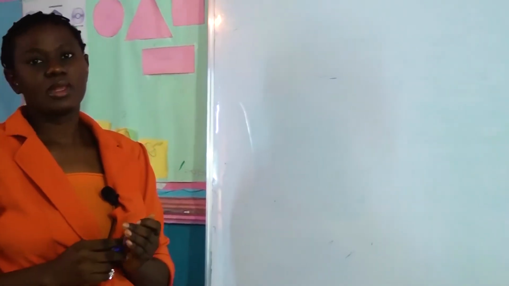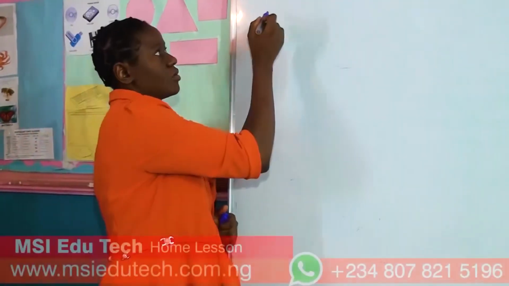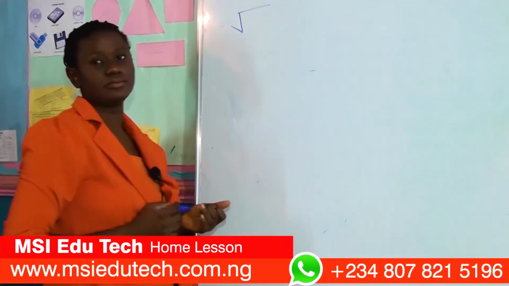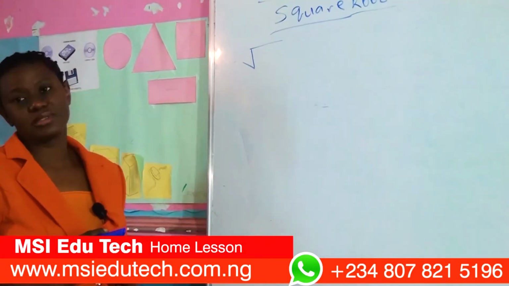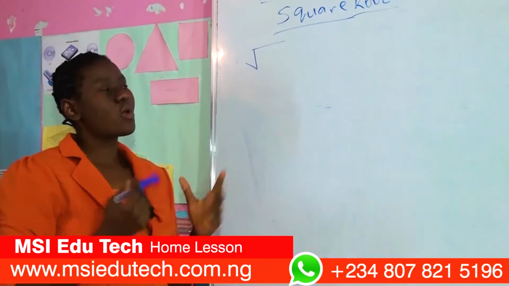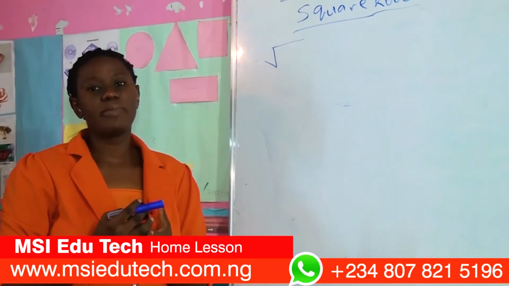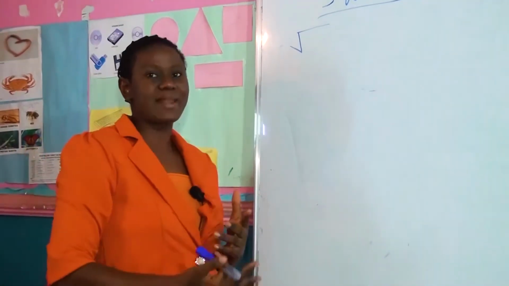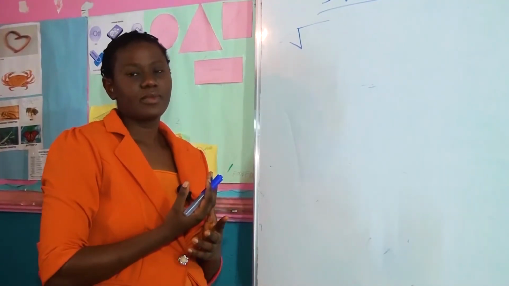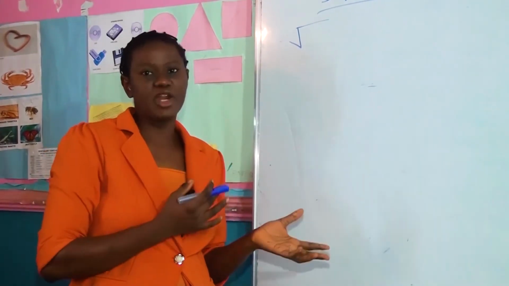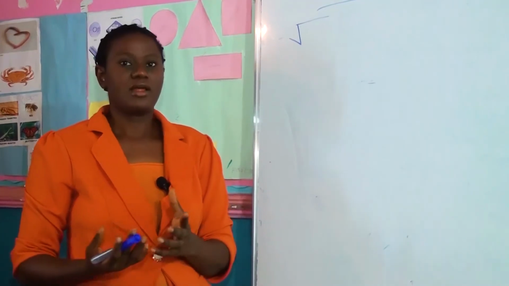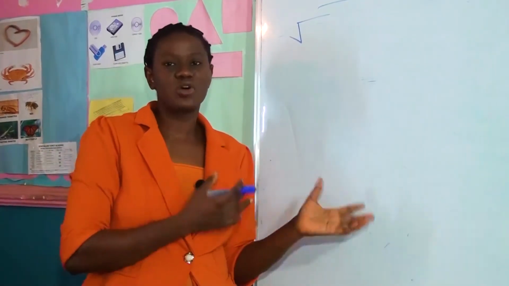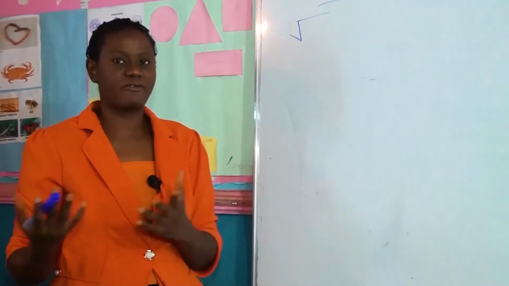Now let's go to square roots. Square roots has the symbol square root. The square root is a number which, when you multiply a number by itself, like in the case of square, we say 12 times 12 gave us 144.